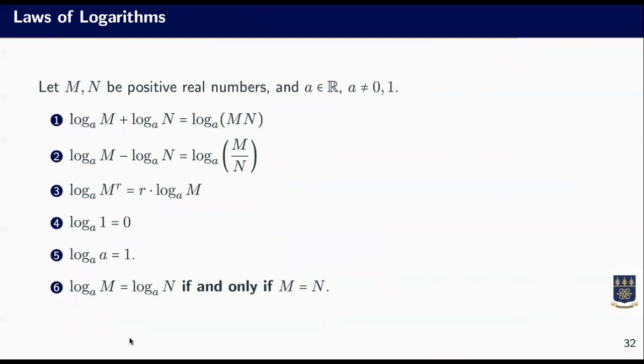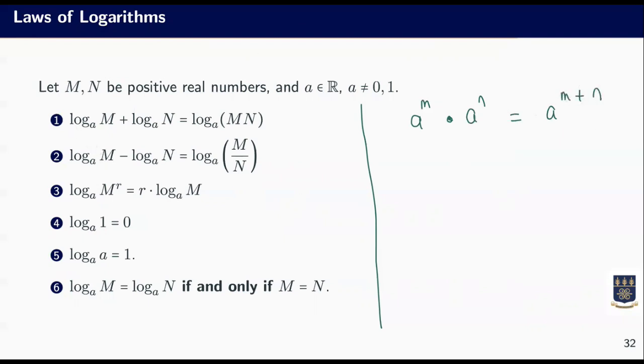Just as we have laws of exponents, we have laws of logarithms, and you will find out that the proofs mimic one another. I'll just write out what the exponential ones are so you see what's going on. The base is the same, right? So remember, you had a to the m times a to the n equals a to the m plus n.